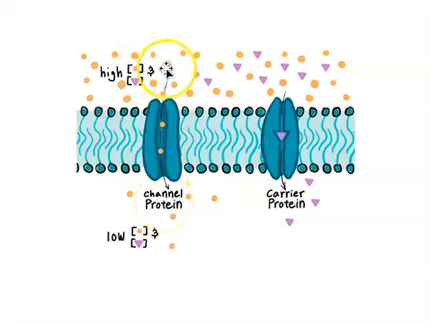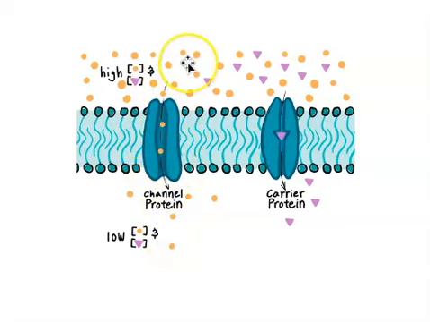This yellow molecule has something about it that prevents it from simply crossing the phospholipids. Maybe it has a charge on it. Maybe it has a molecular weight that's higher than 100. Or maybe it's relatively polar. Whatever the case may be, it can't use simple diffusion to get across a membrane, so it's going to use facilitated diffusion instead.